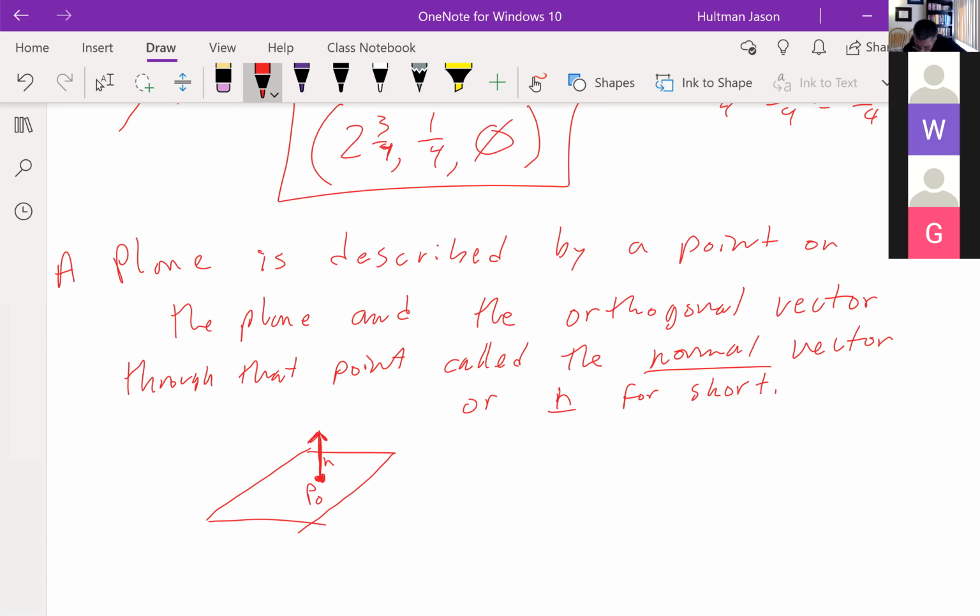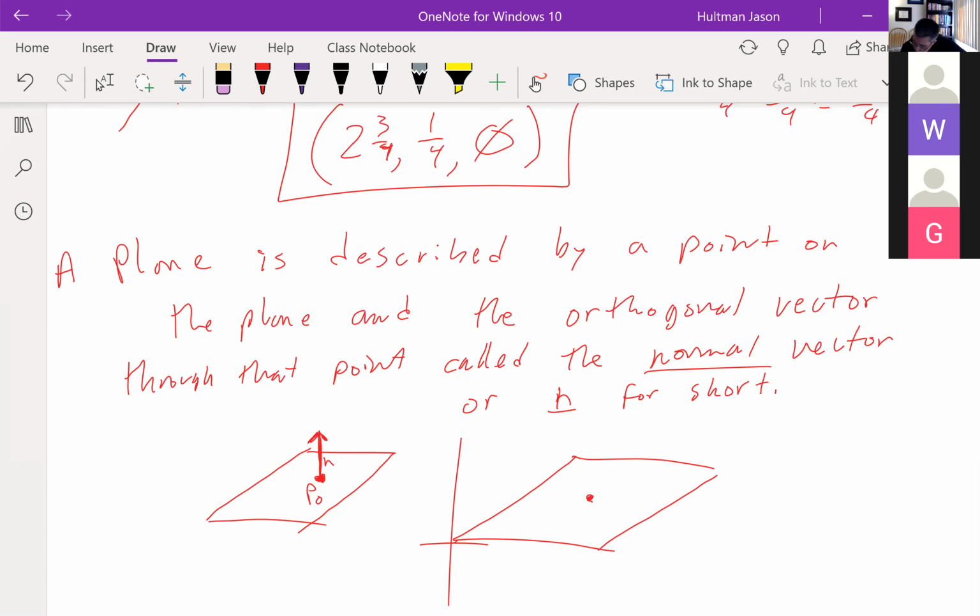If we think about what's happening on the plane here, we have this point, and say the origin is here. We're originating from the origin.